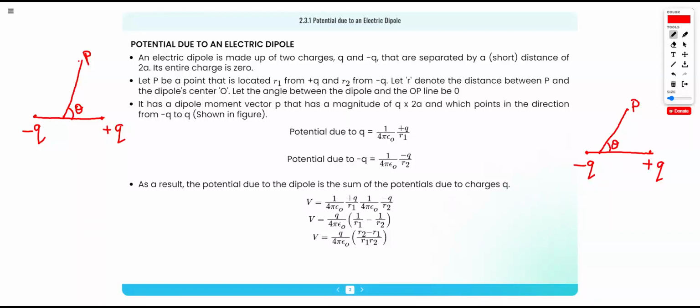Try to make this line in the middle of minus q and plus q. Then we'll join these two lines.